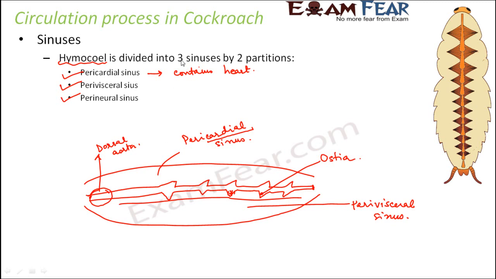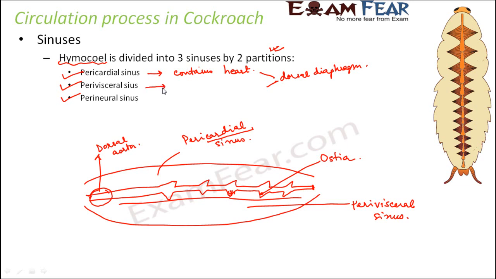As I said, these sinuses are separated from each other by partitions. What separates pericardial sinus from perivisceral sinus? They are separated from each other by the dorsal diaphragm. You can say that this red line is nothing but the dorsal diaphragm.